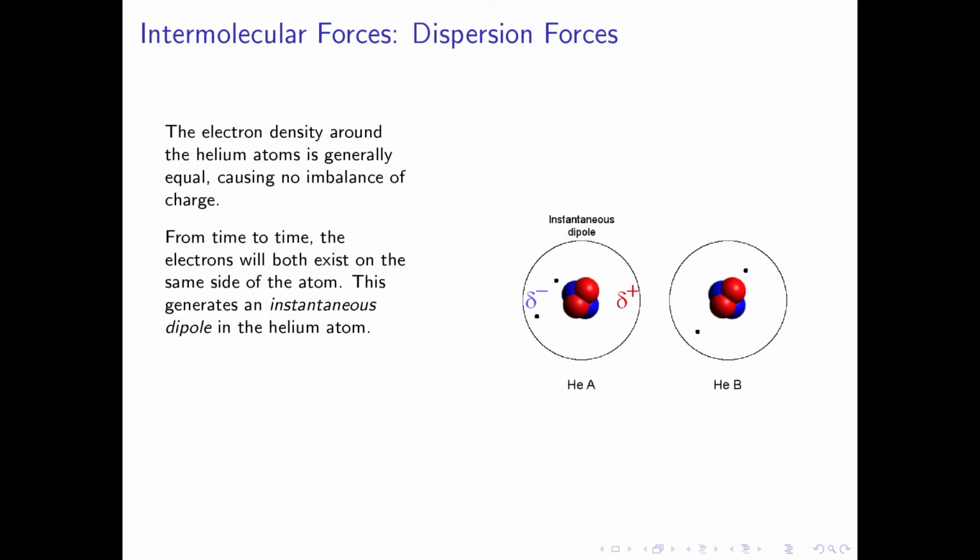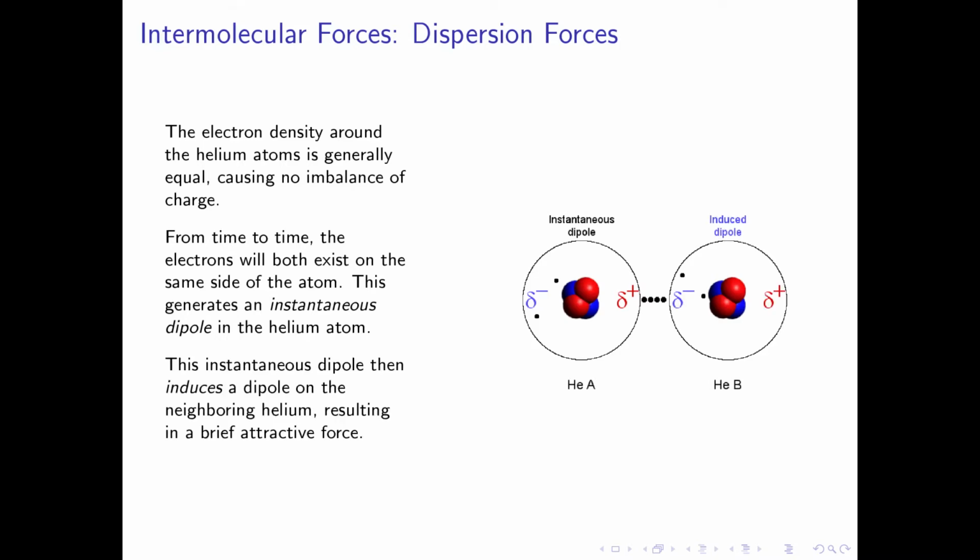From time to time, the electrons will both exist on the same side of the atom, as shown in helium A. This generates what's known as an instantaneous dipole in the helium atom. This instantaneous dipole then induces a dipole on the neighboring helium, resulting in a brief attractive force. This gives rise to the dispersion forces between the two atoms.